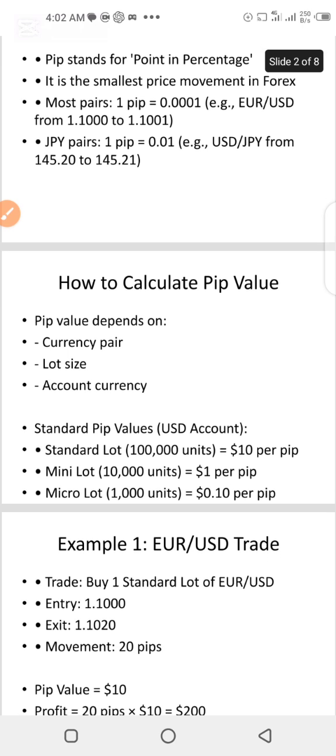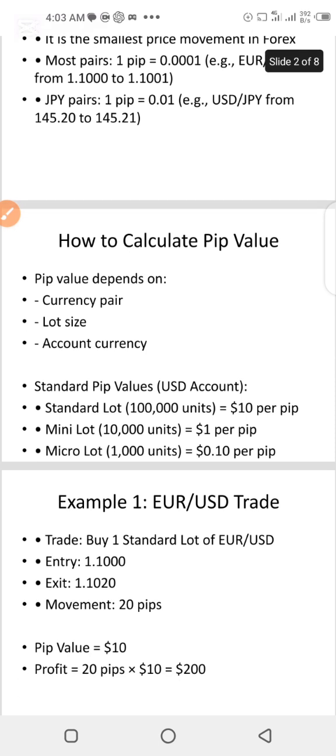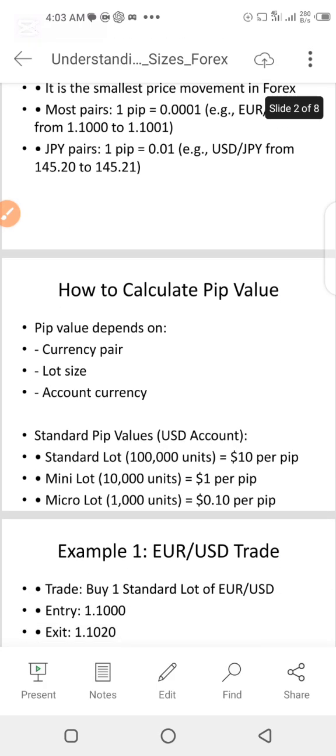So how to calculate pip value. Pip value depends on currency pair, lot size, and account currency. Now, what does it mean by currency pair? Which currency pair are you trading? Like EUR/USD, the pairs that have to do with the USD: EUR/USD, GBP/USD, CAD/USD, and the rest of them.